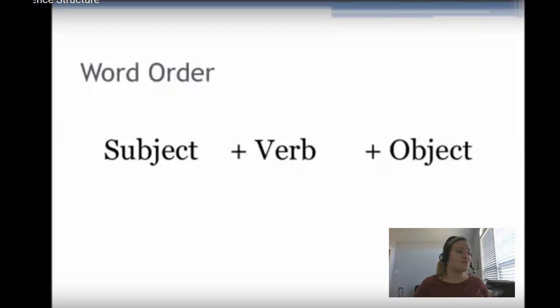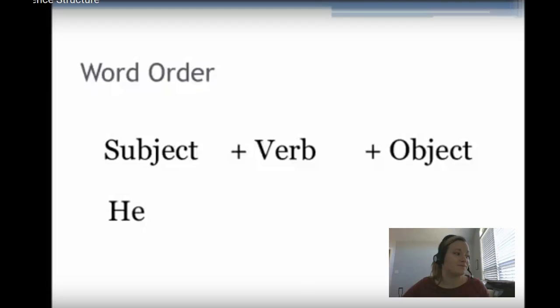Think about if it said, likes she cat, and it didn't say she likes cats. It was completely out of order. That wouldn't make any sense. Even though you chose the right words, you might not have put them in the right order, and that would be very confusing. So the word order definitely matters.